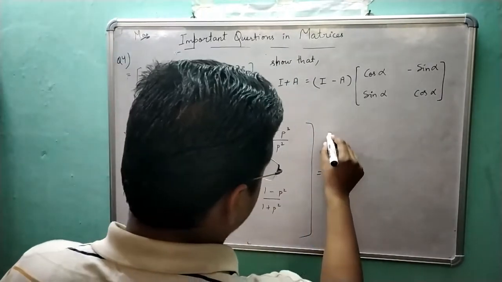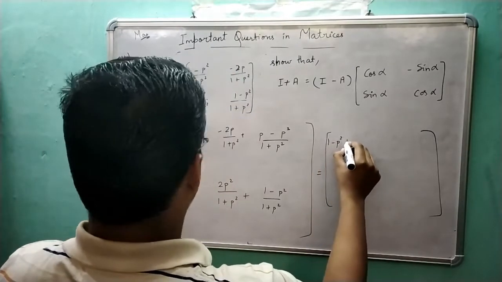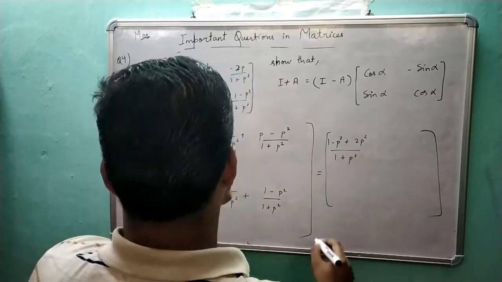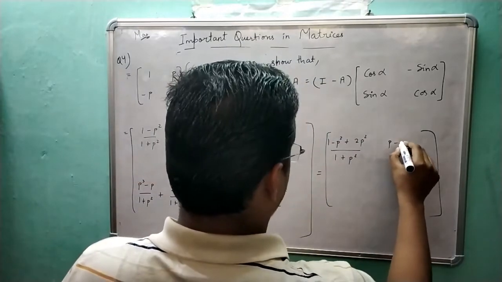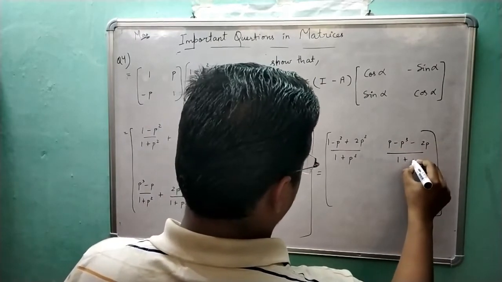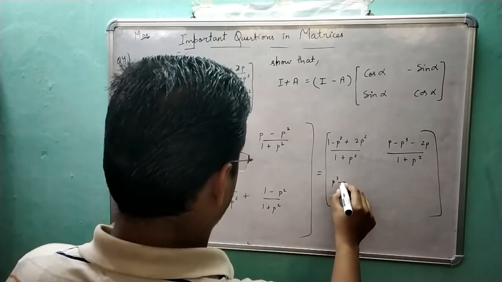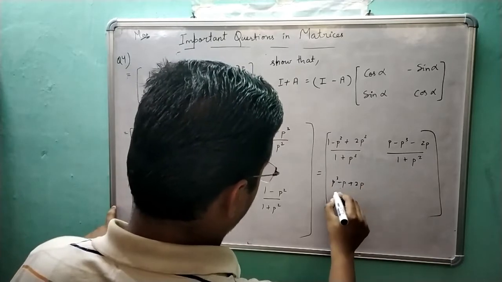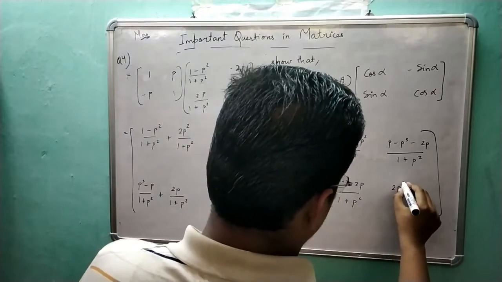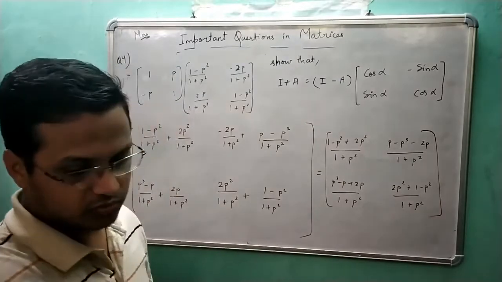So we will get, this is (1 minus P square plus 2P square) whole divided by (1 plus P square). This is (P minus P cube minus 2P) by (1 plus P square), (P cube minus P plus 2P) by (1 plus P square), (2P square plus 1 minus P square) by (1 plus P square).